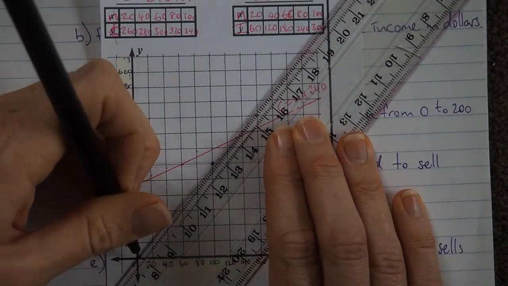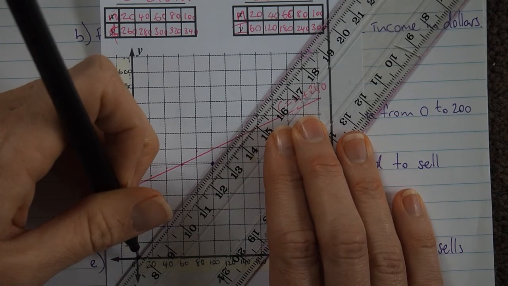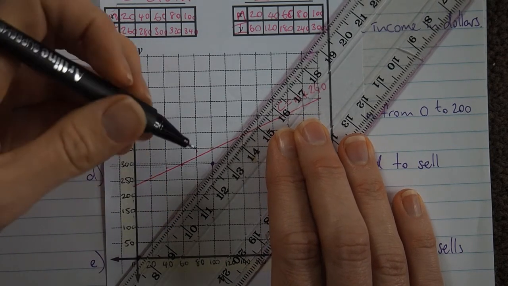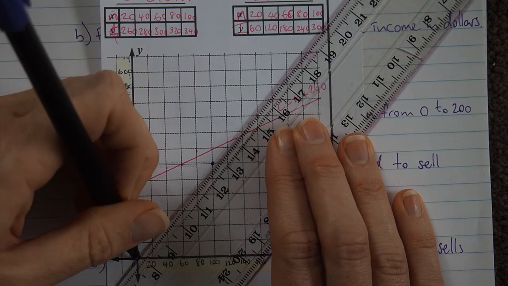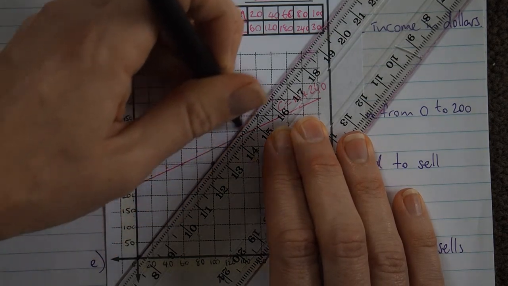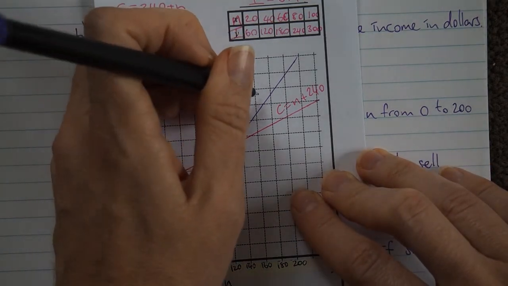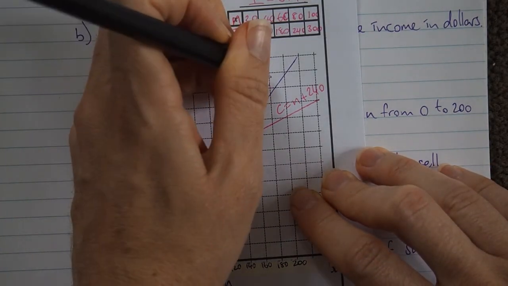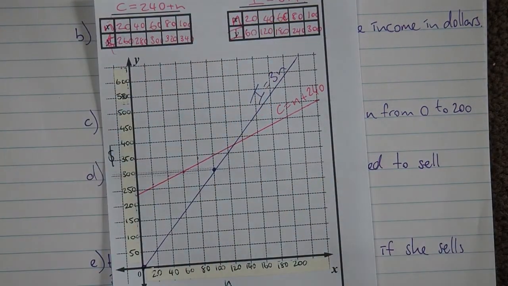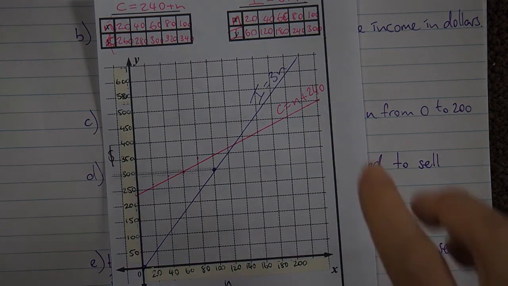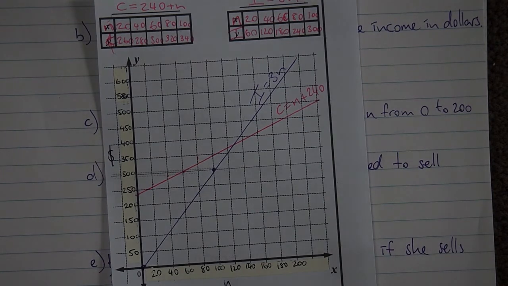Now this one's going to be perfect because it's on the intersection of the lines, as long as I can use my ruler properly today, which is sometimes difficult. So remember, label I equals 3N. So that's my two equations. I have my cost in pink and my income in purple.